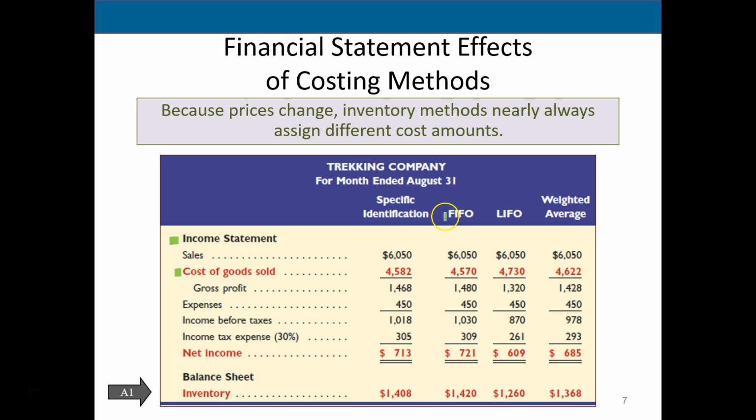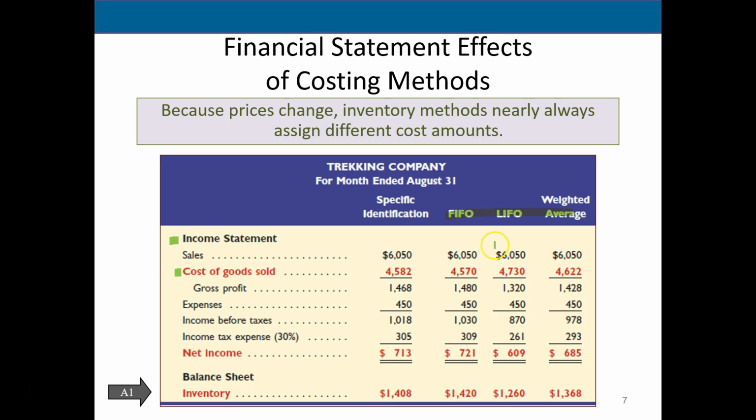If we look at these three assumptions, these are the three that are assumptions and not the actual specific things that were sold. For first in, first out, you'll note that we have the same sales to give us a comparison. Cost of goods sold will be 4,570 under this method. That leaves us a gross income of 1,480 and our net income of 721.